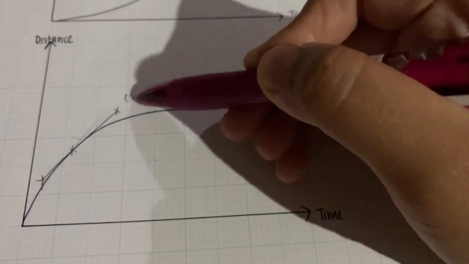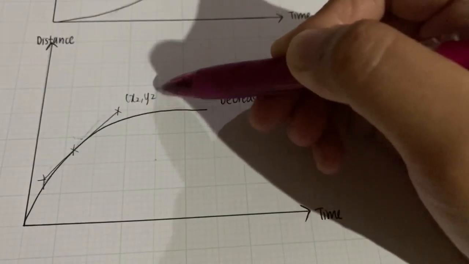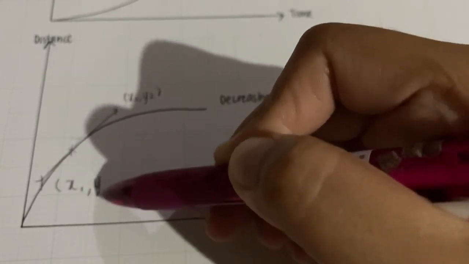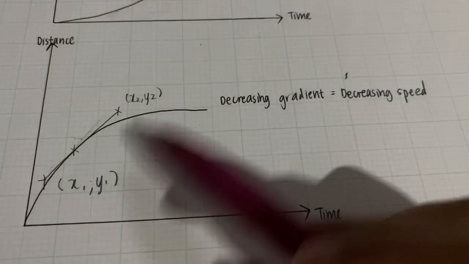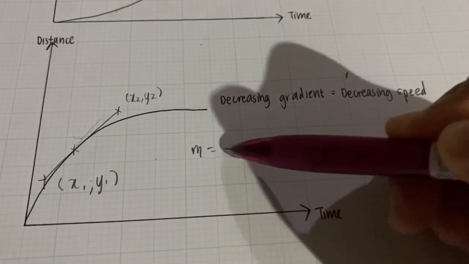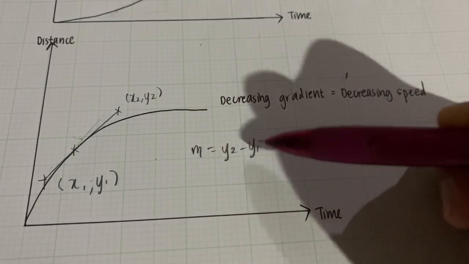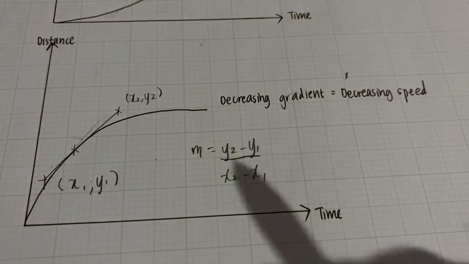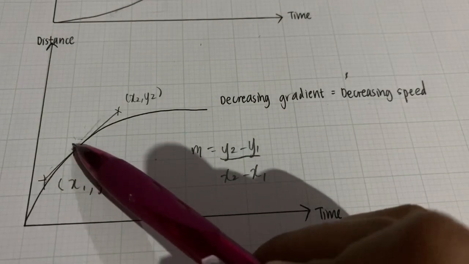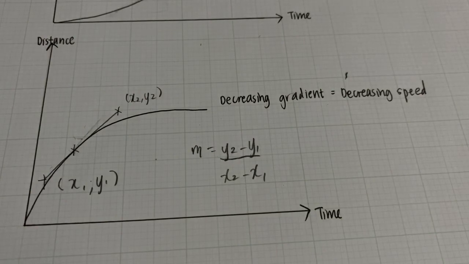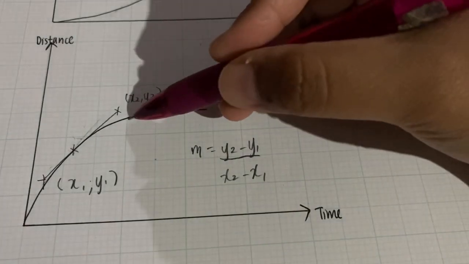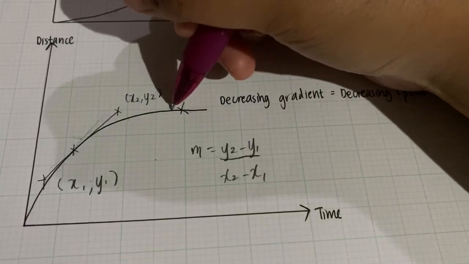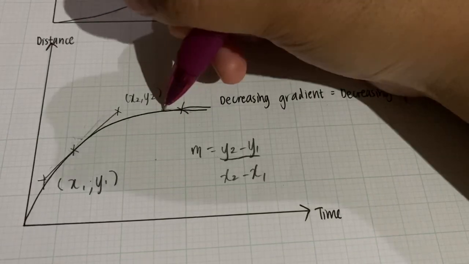Let's say this is x2, y2, and this point is x1, y1. Now you can use these two coordinates to find the gradient. Just put it into the formula, and now you can find the speed at that point. Same goes for any other point on the graph: you just draw a tangent.